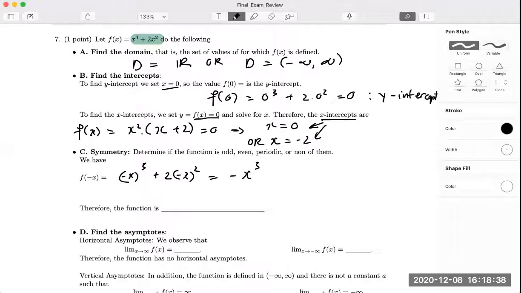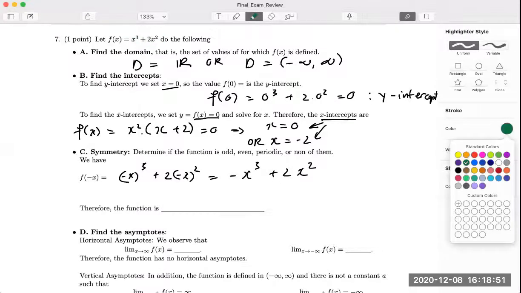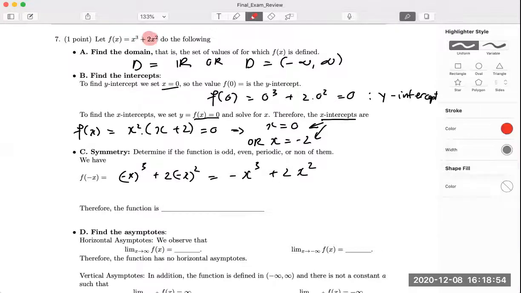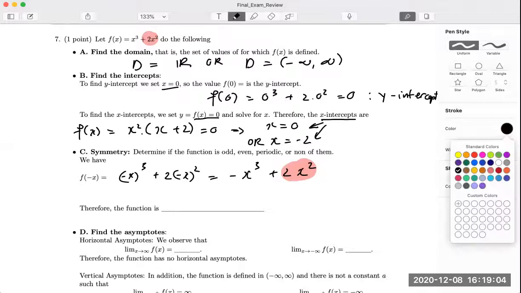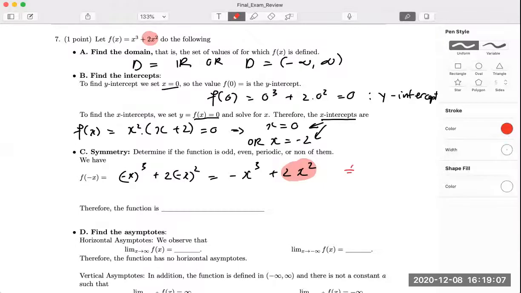The power here is an even number, therefore it becomes 2x squared. Look at this. Here is 2x squared, here is 2x squared. They are the same. But the first one is x cubed, and this is negative x cubed. Therefore, f of negative x is not the same as f of x.